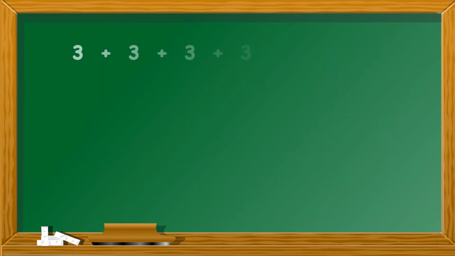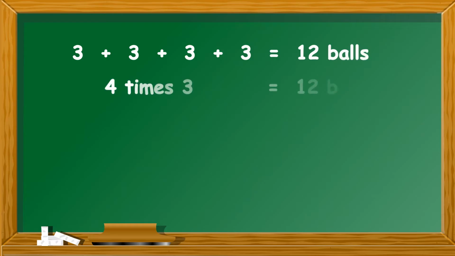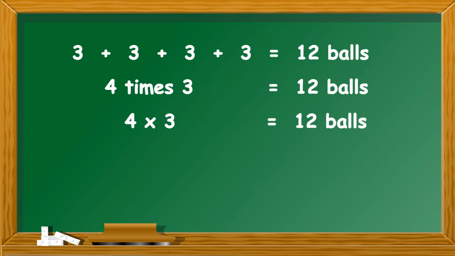Instead of adding 3 4 times, we can write 4 times 3, which is also written as 4 into 3. So now have you understood how we changed repeated addition of 3 into multiplication of 3?